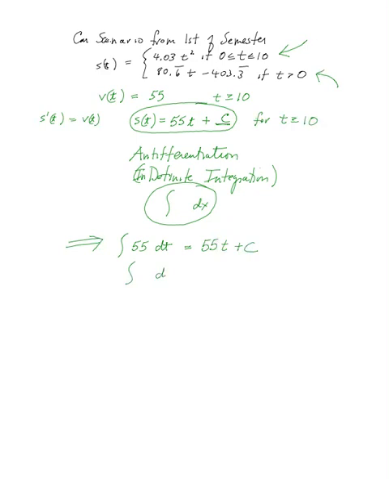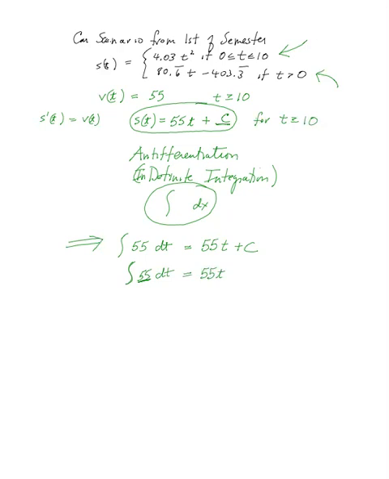This symbol, this dt, is a part of this symbol. Looks like a kind of a strange choice of symbol, but again, by the end of the semester, you'll see why we chose that. That means look in here. Look at what's here. In other words, look at the 55. Find a function that you can anti-differentiate to get 55. So that's 55t.